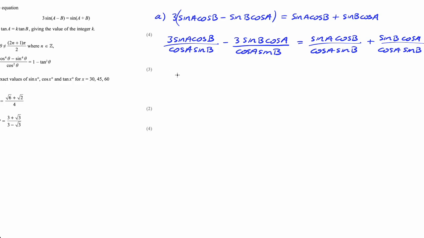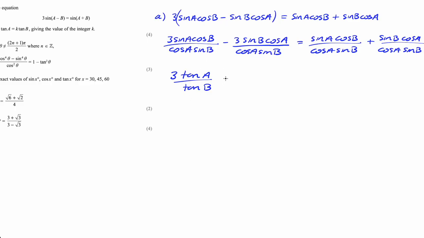So this would be 3 tan A over tan B. Just to be clear how I got that, guys, sine over cos is tan, cos over sine is 1 over tan, hence the tan B at the bottom here.